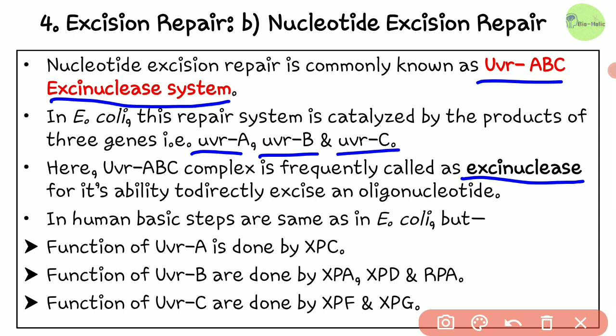In humans, the basic steps are similar to those in E. coli, but the functions are done by different enzymes. The function of UvrA is done by XPC. The function of UvrB is done by XPA, XPD and replication protein A, or RPA, and the function of UvrC is done by XPF and XPG. Okay?